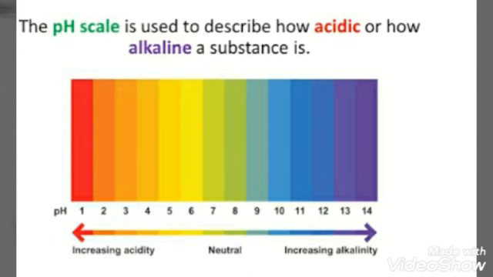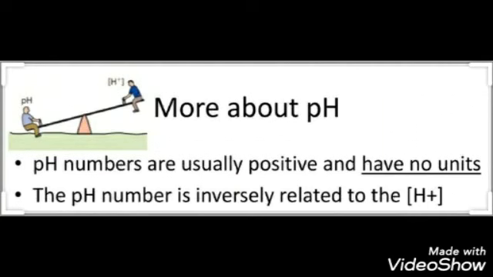Let us dive a bit deeper into this concept with some basic information about the pH scale. How can we judge how strong an acid or a base is? This is exactly what the pH helps us with. But how does it do that? See children, the pH considers the concentration of H+ ions.